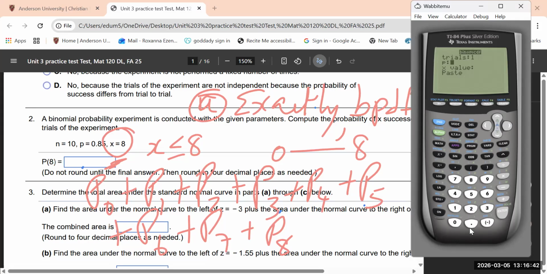Success is 0.85. The random variable is 8. Therefore, I will go to calculate. That probability is almost 1.